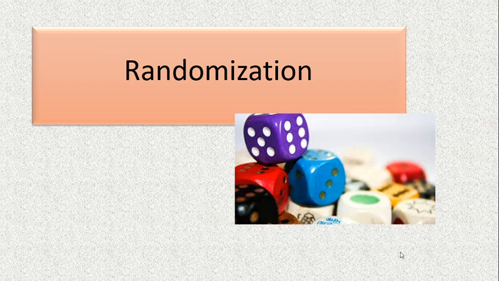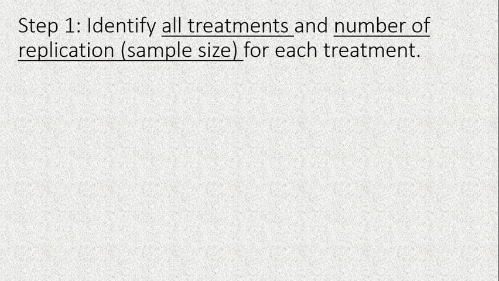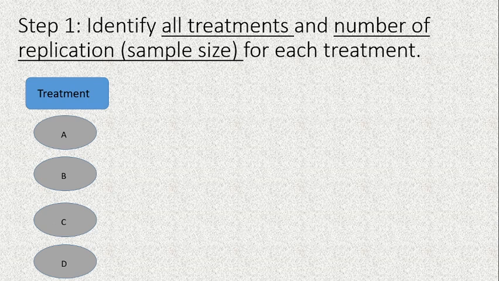So we go to the process of randomization, which consists of a few steps. We start with the first step, where we identify all treatments and the number of replications for each treatment. The number of replications can also be considered as the sample size. For example, if we decide to have treatments A, B, C, and D, overall we have 4 treatments to be considered.